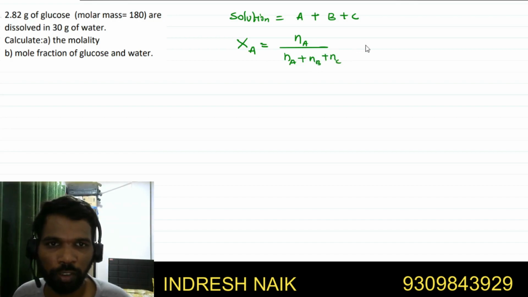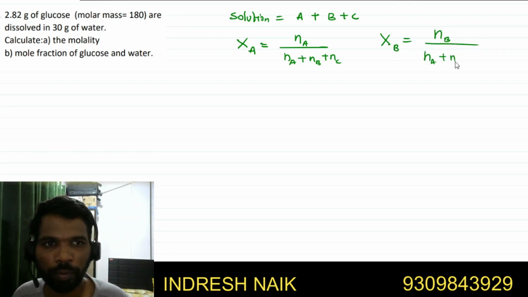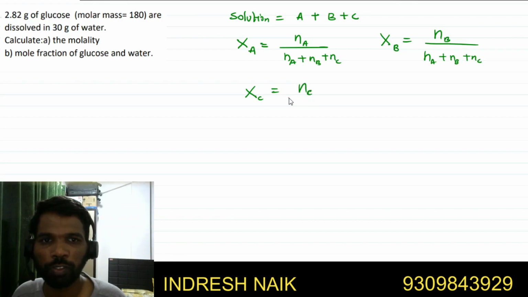This is the mole fraction of A, with the chi symbol. Mole fraction of B will be number of moles of B upon total number of moles of all the components, Na, Nb, and Nc. Mole fraction of C is number of moles of C upon total number of moles of all the components.